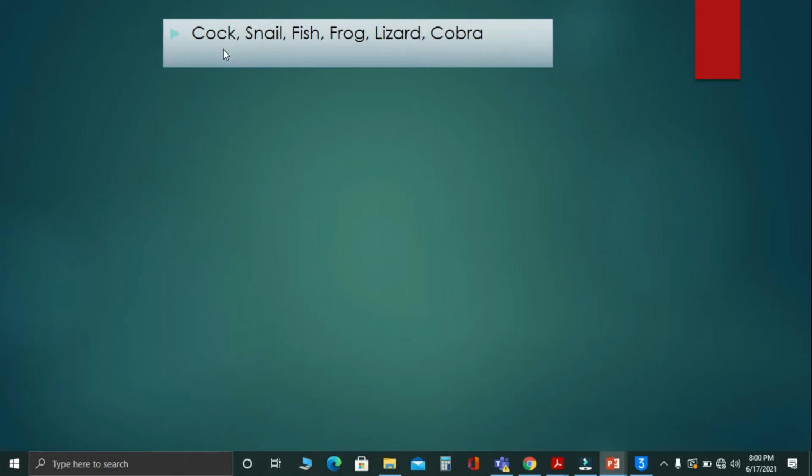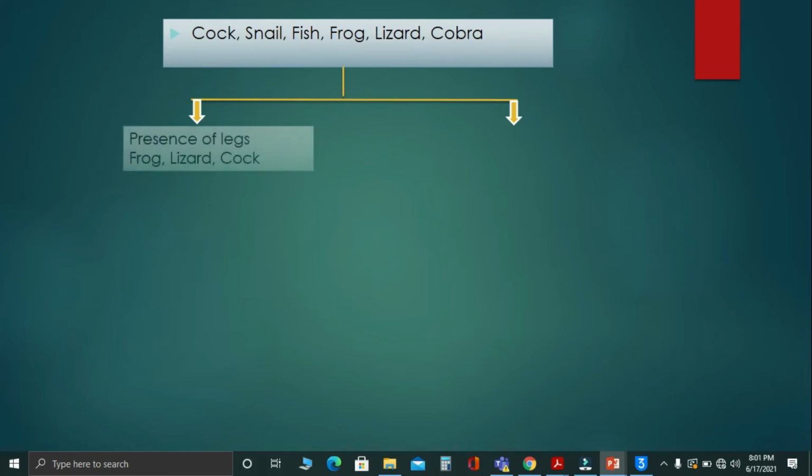Now we will look at a dichotomous key, how to categorize these organisms by using a dichotomous key. There are cock, snail, fish, frog, lizard and cobra. Six animals are given there.